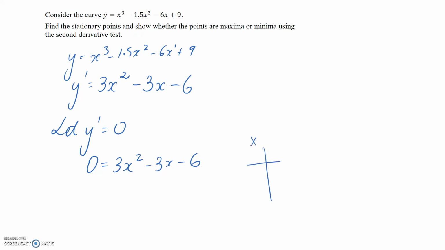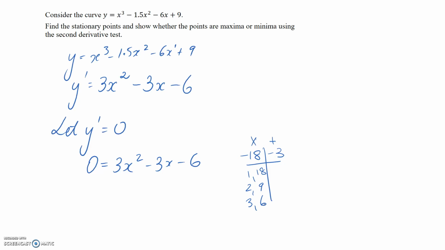So what we need is something that multiplies 3 times negative 6, so to give negative 18. And we need them to add to give negative 3, the middle term. Alright, so the factors that produce negative 18, well, we could have 1 and 18, we could have 2 and 9, 3 and 6.